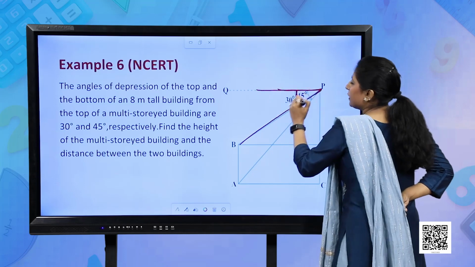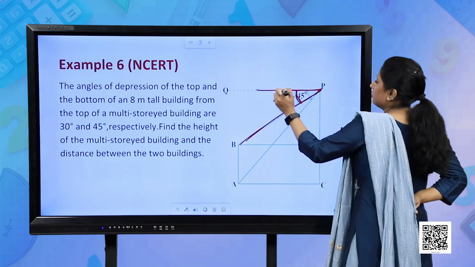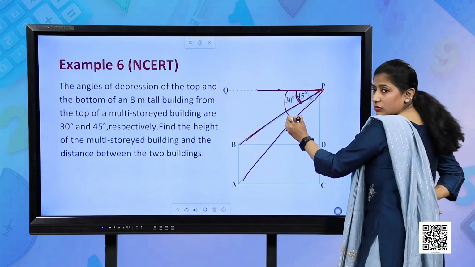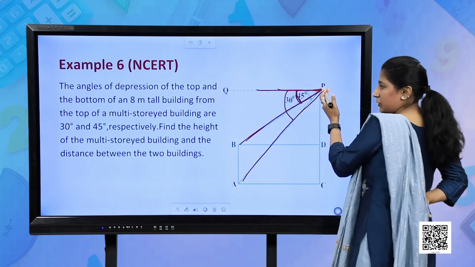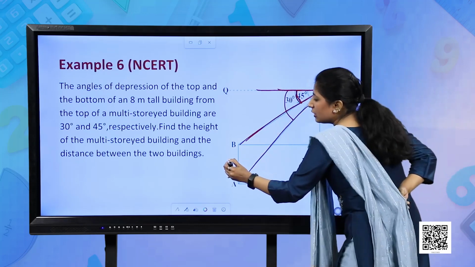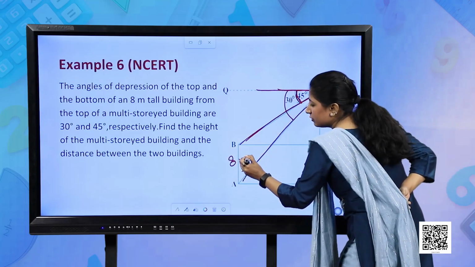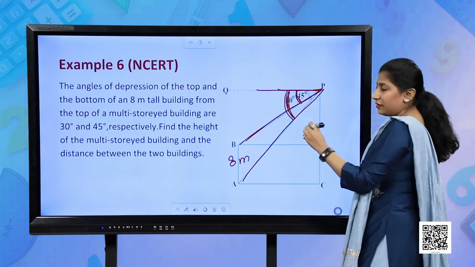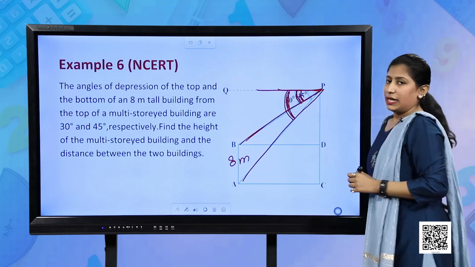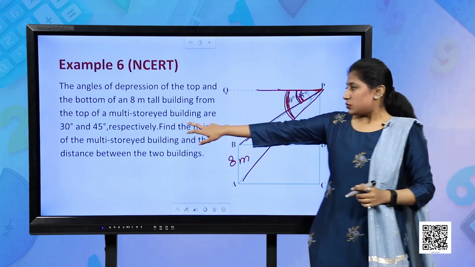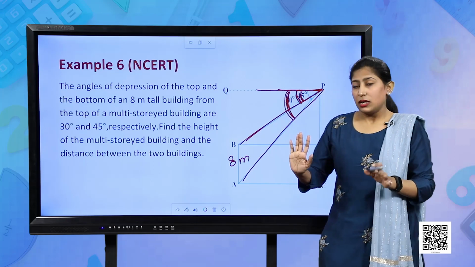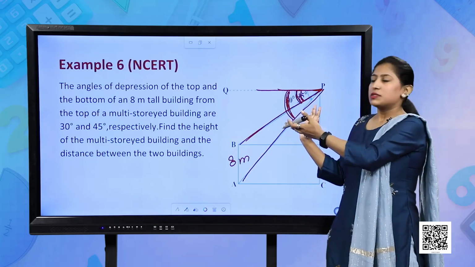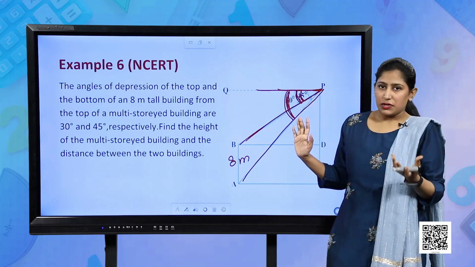So this angle of depression is 30 degree, and this angle of depression from the top of the multi-storied building to the bottom of the 8-meter tall building is 45 degrees. So this is 45 and this is 30, right? Sometimes this word respectively will not be written. You have to figure out yourself which angle is bigger, which angle is smaller. You have to understand by yourself, right?